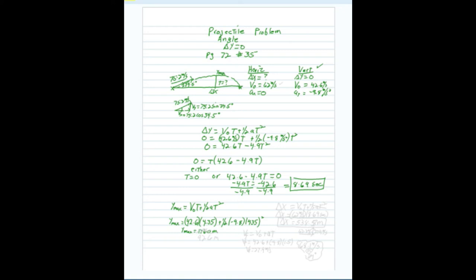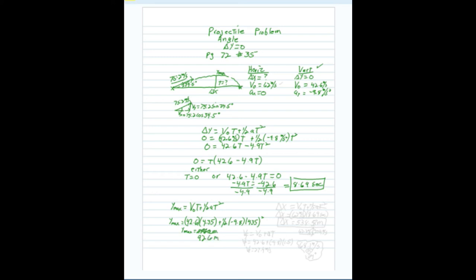We're going to check that just to be safe. So 42.6 times 4.35, minus 4.9 times 4.35 squared. Okay, I'm getting a totally different answer. It didn't seem right. It's 92.6 meters, which seems much more reasonable.